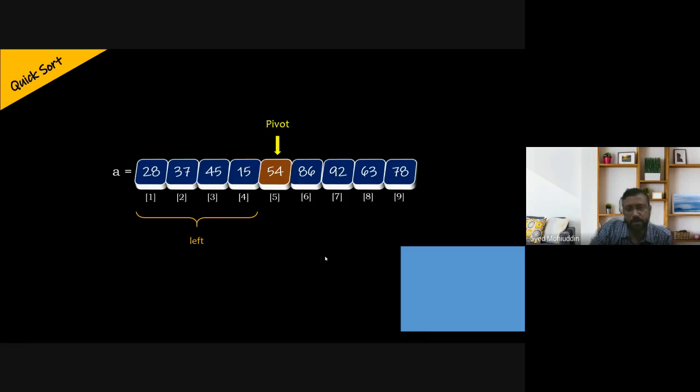All the elements to the left of the pivot are smaller than the pivot element. Now let us consider the elements towards the right of the pivot. The elements to the right, if you observe, are 86, 92, 63, and 78. All the elements to the right are larger. Therefore, we say that this element 54 is the pivot element.